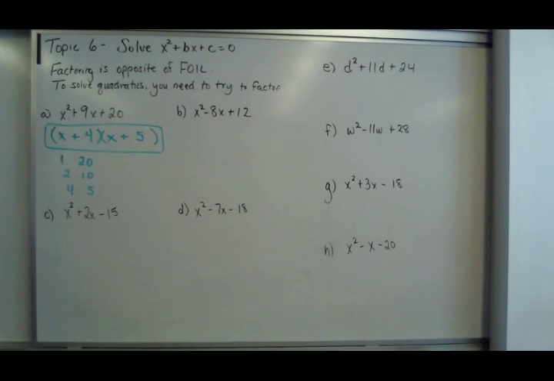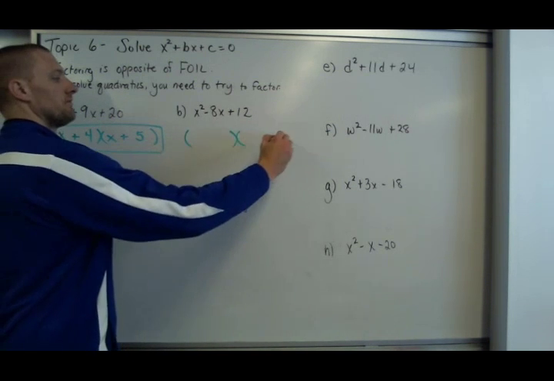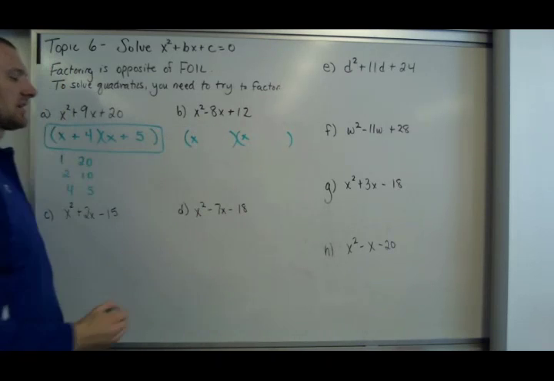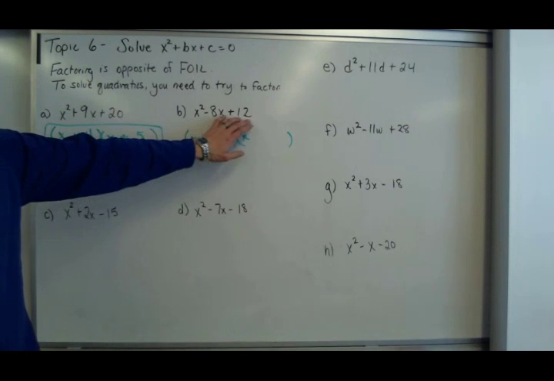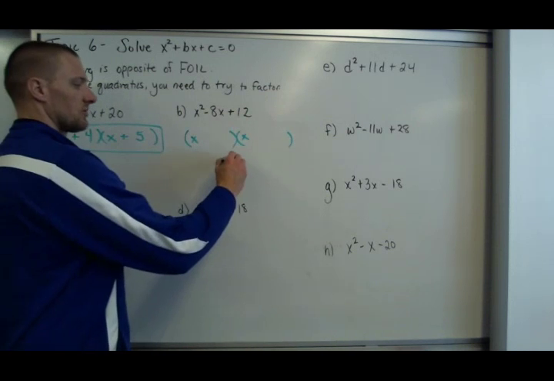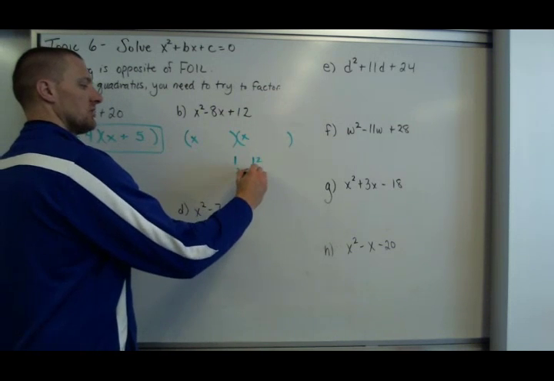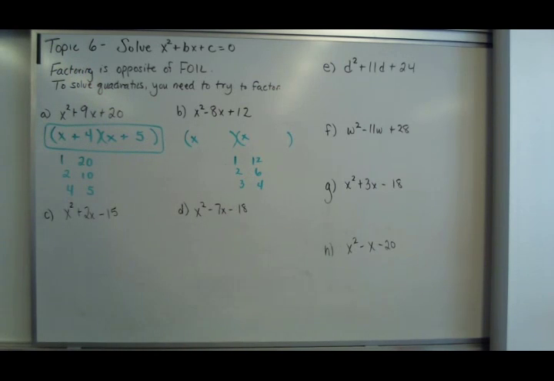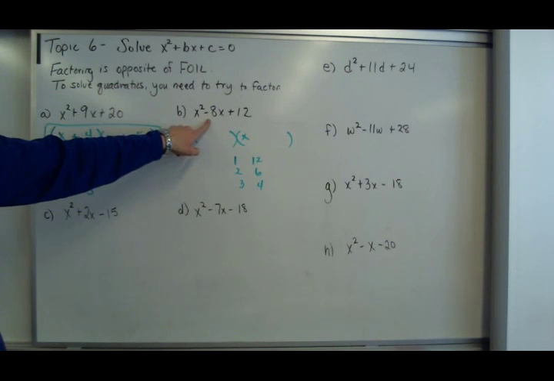Now we move on to problem B. Same basic idea. I've got my two sets of parentheses. Okay, what times what equals x squared? It's going to be an x times x. And now again, I want two things that multiply to 12. So two things that multiply to 12 are 1 and 12, 2 and 6, 3 and 4. Now in this case, I want them to add up to a negative 8.